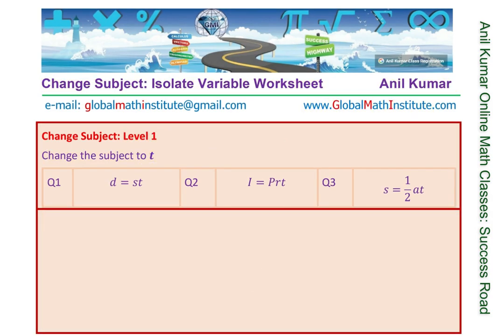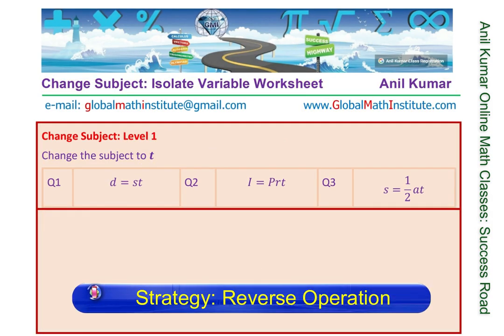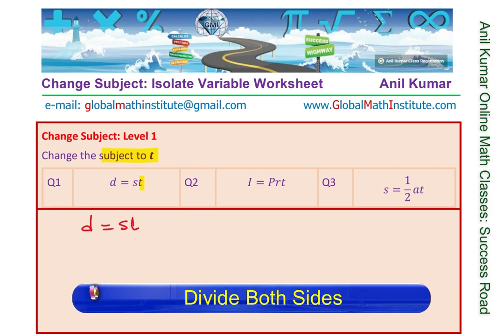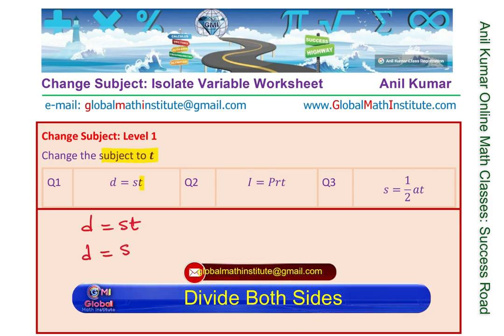To begin with, when I say d equals st and the question is to change the subject to t, that means we have to find what t is, right? So d is given to us as st. Now to find t, we have to get rid of s. So we should divide by s on both sides.